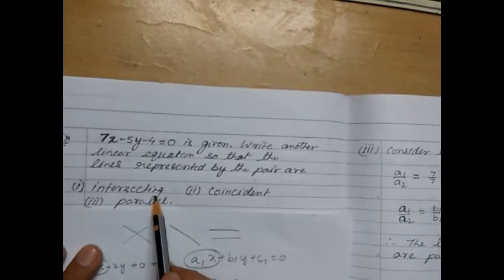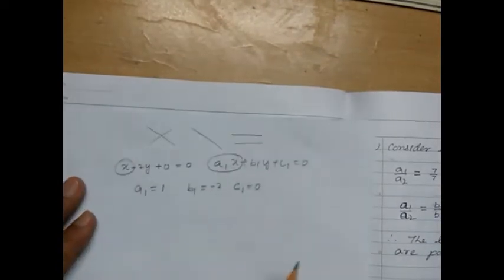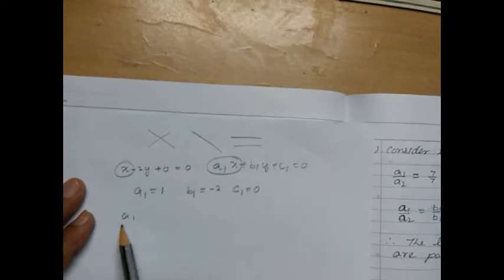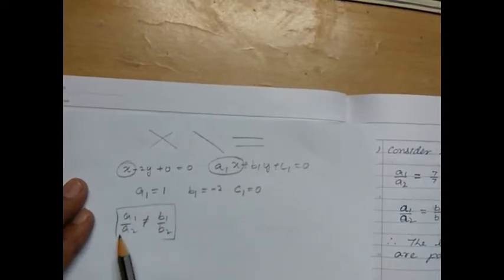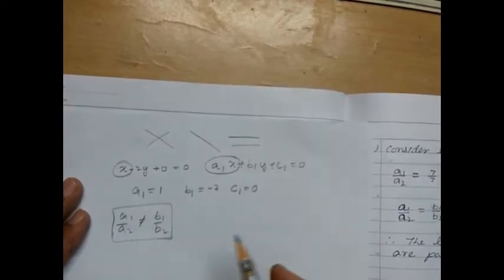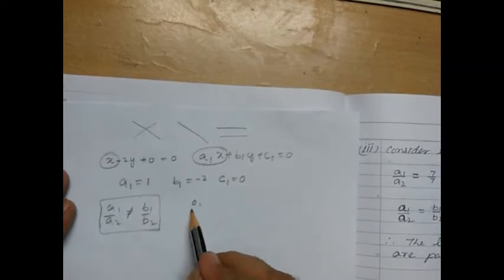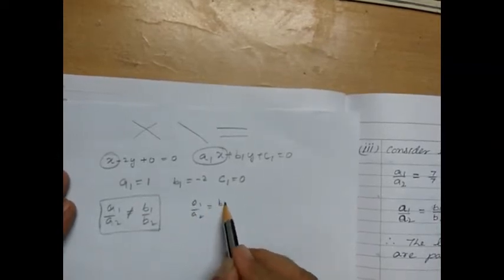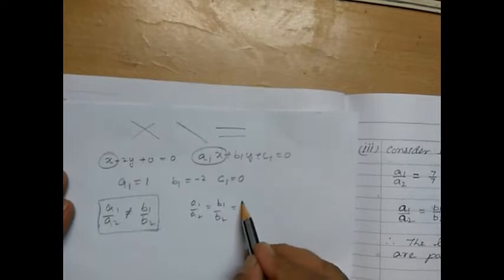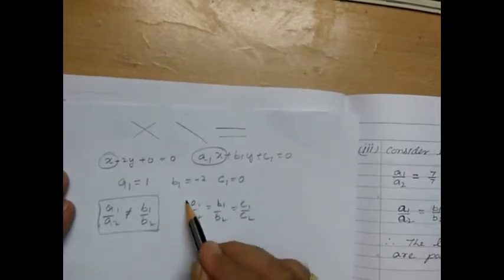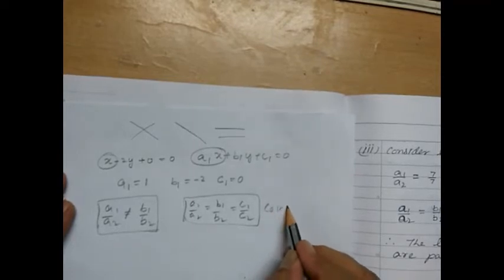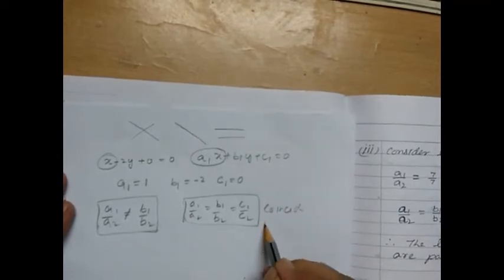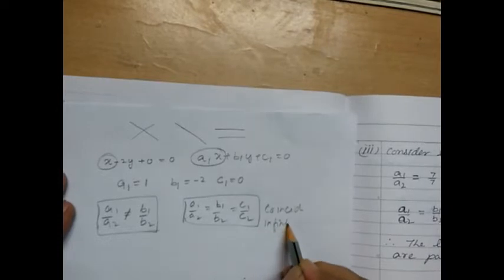When it is intersecting, we have the condition A1 upon A2 is not equal to B1 upon B2, so in this case we will have a unique solution. If we have A1 upon A2 is equal to B1 upon B2 is equal to C1 upon C2, in this case we will have coincident lines and infinite solutions.